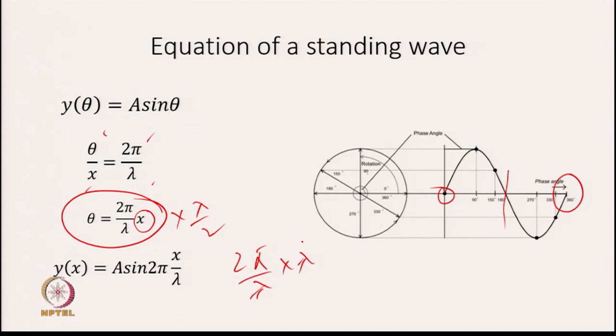So, the relation between theta and x is theta by x is equal to 2 pi by lambda, which tells you that theta is equal to 2 pi by lambda into x. When you plug in this equation, what you will get is y(x) is equal to a sin 2 pi x by lambda.